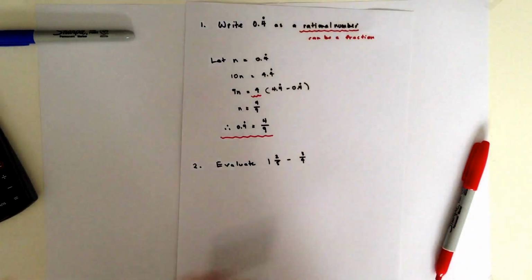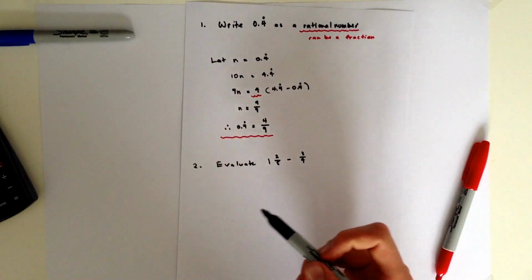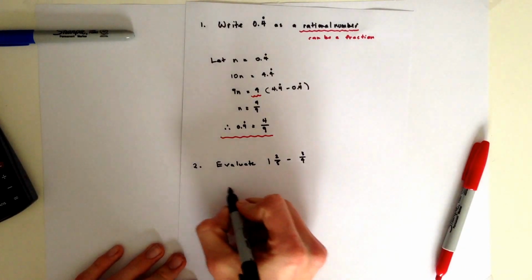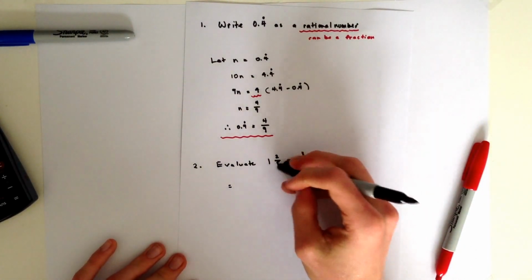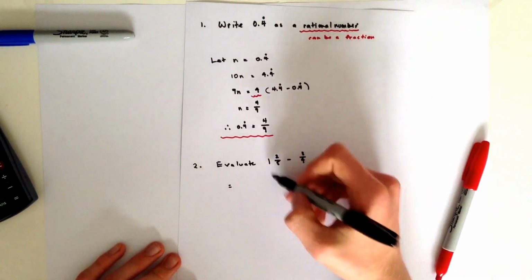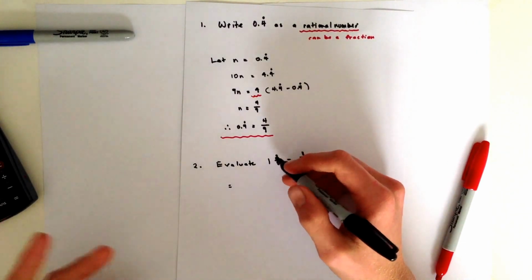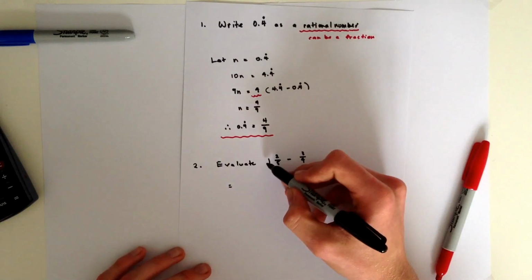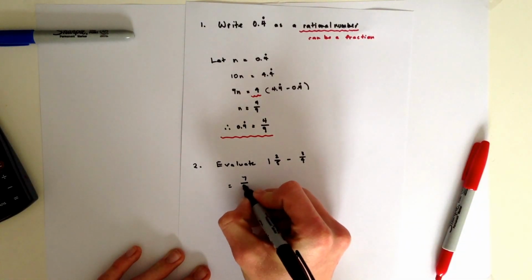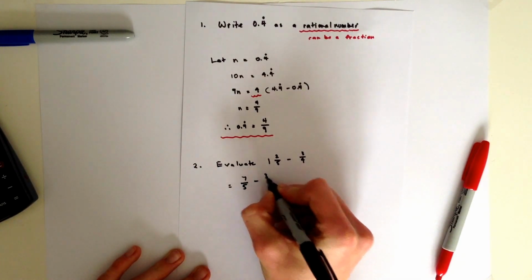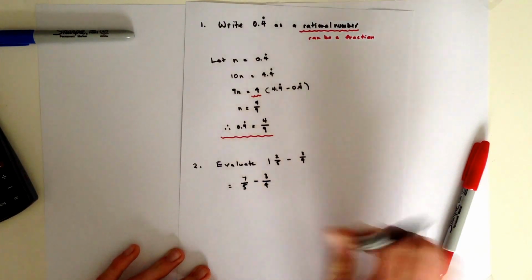Well, we can't simply just minus each other because they don't have a common denominator. So the first thing I'll do is take this 1, and it counts as 5 lots because the fraction we're dealing with is over 5. So this 1 is actually 5, so we add it to there. So you get 7 on 5 minus 3 on 4.